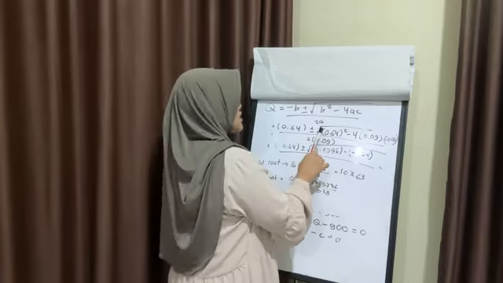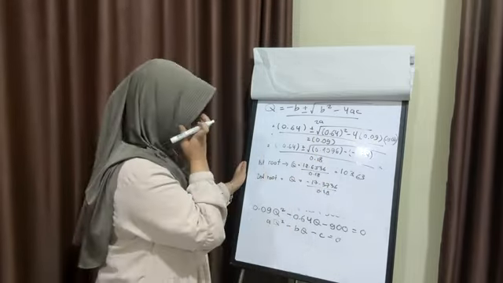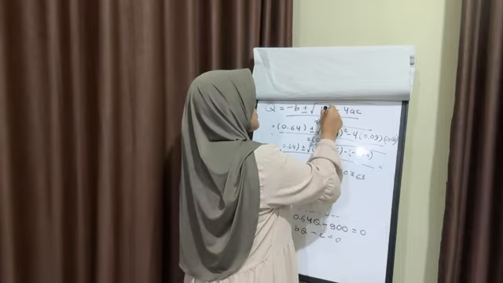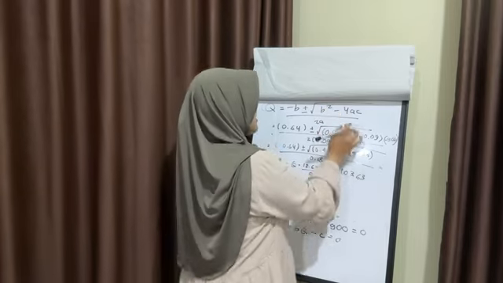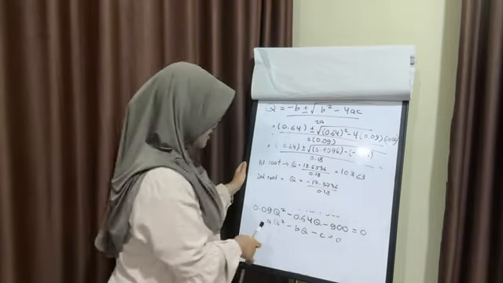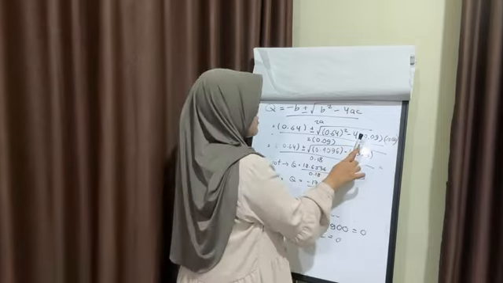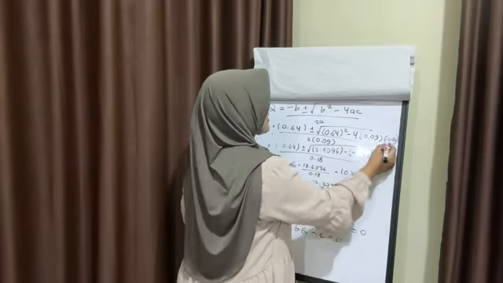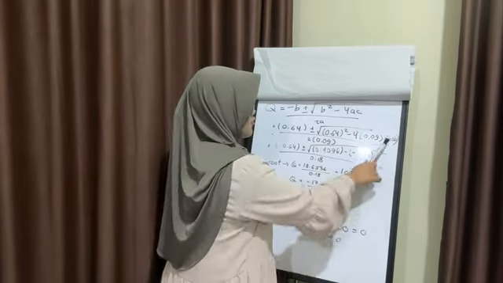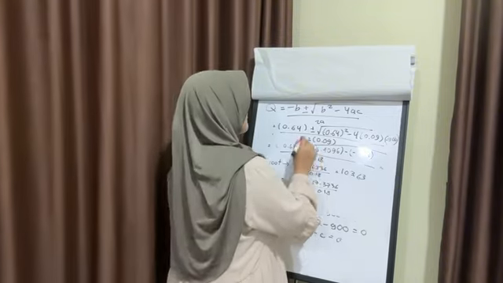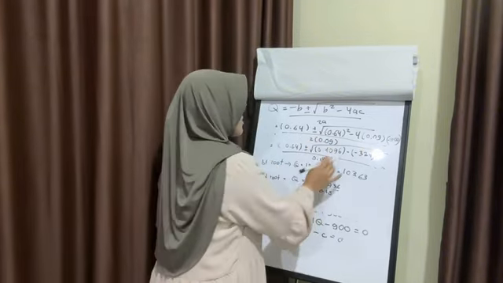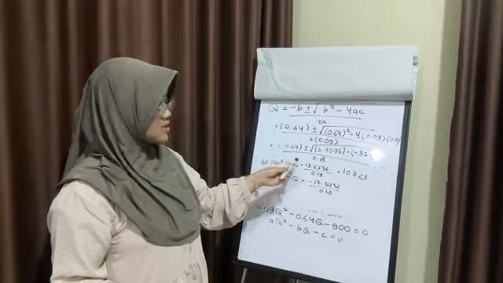And the b is still minus 0.64 with the power 2. And this 4 is still 4. And the a here we've got 0.09, so we write down the 0.09 and the minus 900 for the c. Still with the minus, don't forget to write it down. And for the 2a, it's 2 times 0.09, and it's going to come out like this. It's going to be complex.